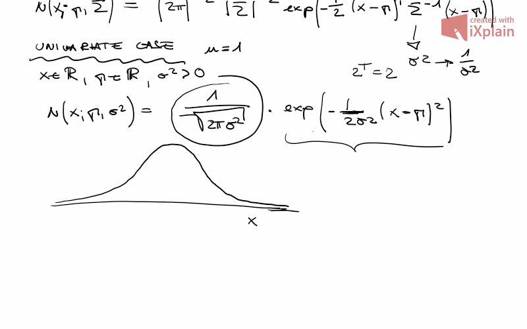So if you change the x value, then you actually get different values here for what we now call N(x; mu, sigma square).